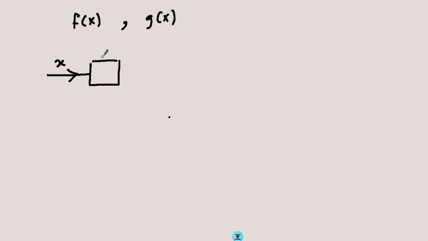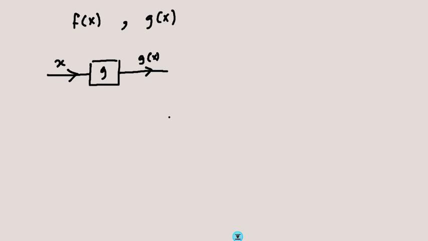If we have two functions, let's say f of x and g of x, and let's assume that x goes into g first, like the example with the radio and the recorder. x goes into the function g and goes out as g of x.